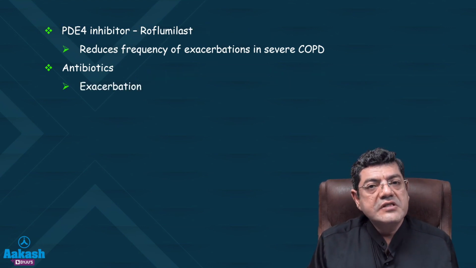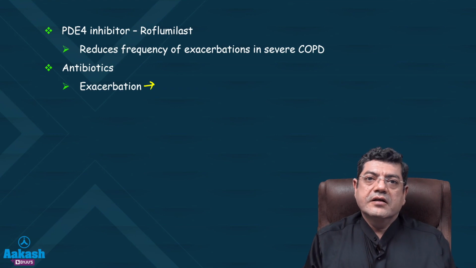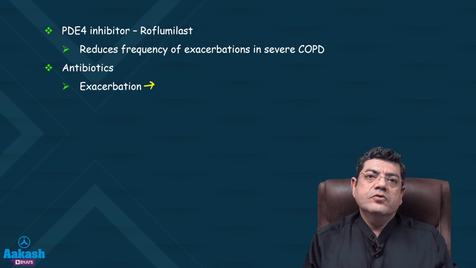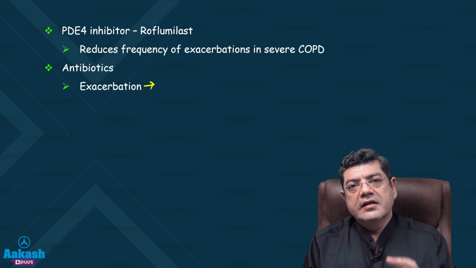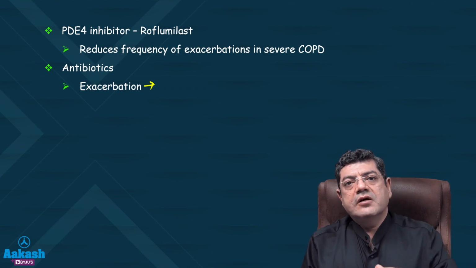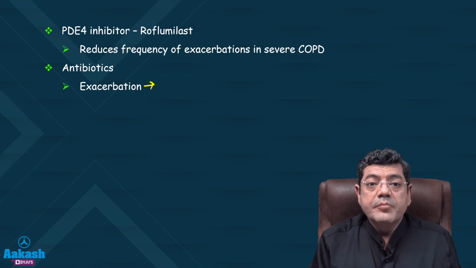So you use antibiotics for an exacerbation, you start them on empirical antibiotic, and then if you are able to identify a single organism based on cultures, then you step down to appropriate antibiotic as per the sensitivity pattern.